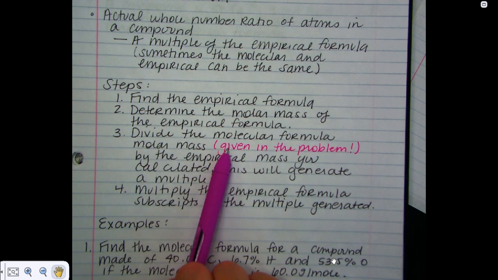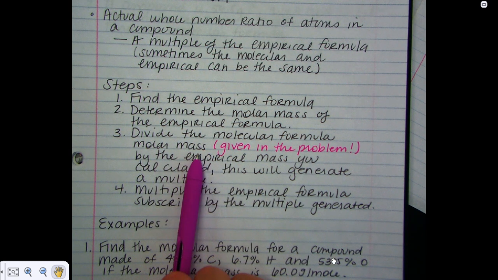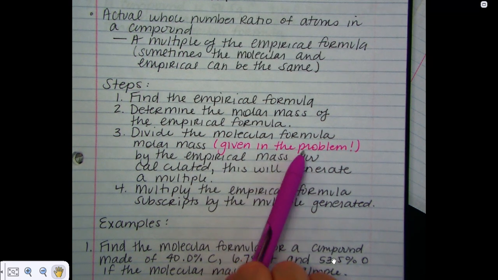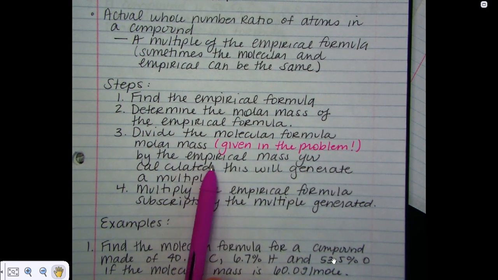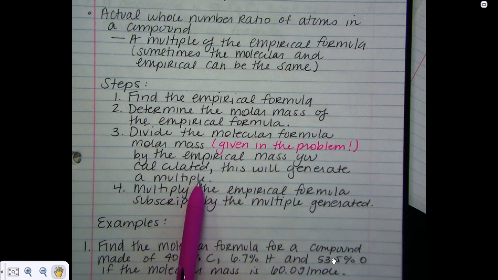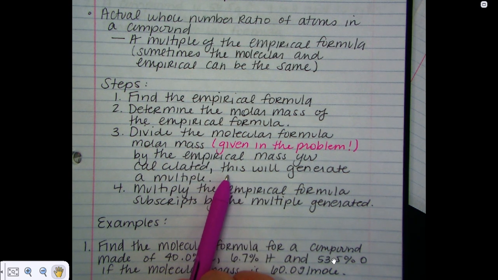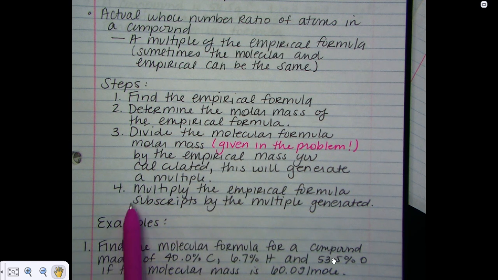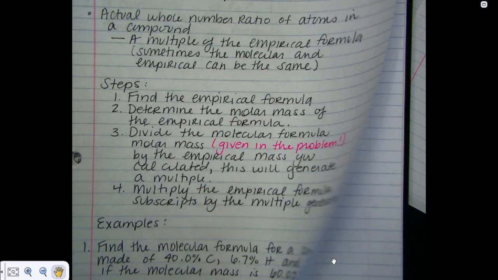Third, divide the molecular formula molar mass, which you're given in the problem, by the empirical mass that we calculated in step 2. That's going to generate a multiple, which tells me how much bigger the molecular formula is than the empirical. And then multiply the empirical formula by the multiple. We're going to look at 2 examples of this.